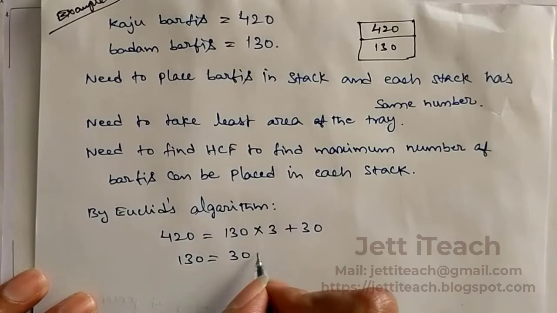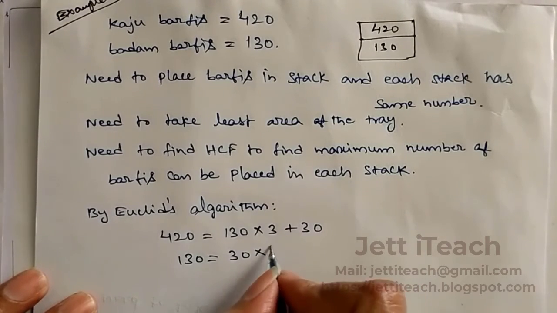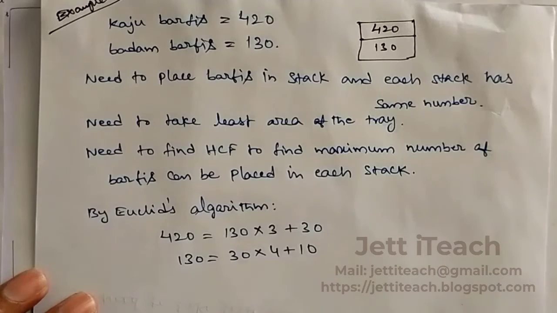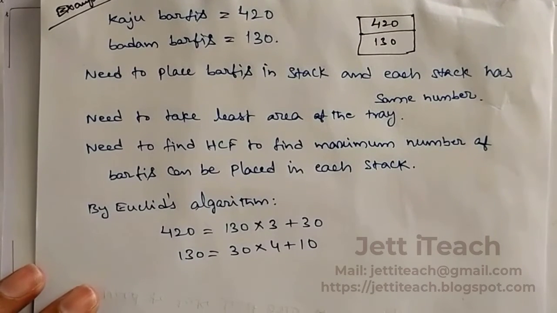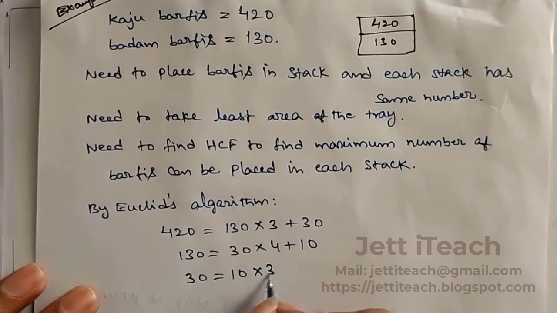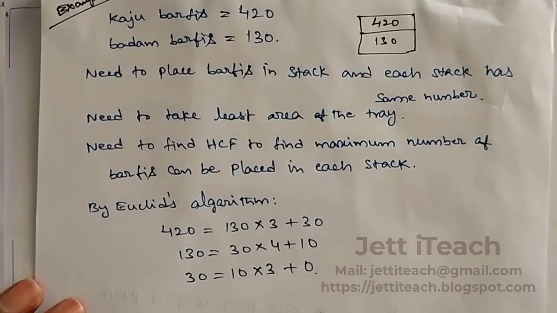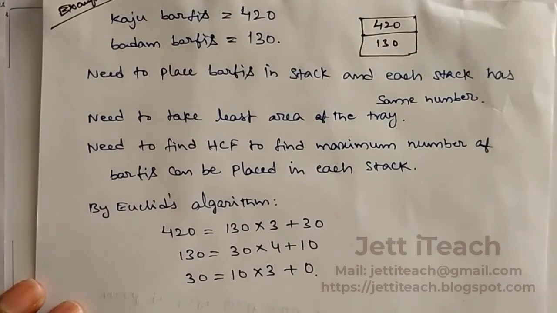Redo this again, 4 times, remainder is 10, so it's not 0. Then redo this with 30, now the remainder is 0, then HCF is 10.